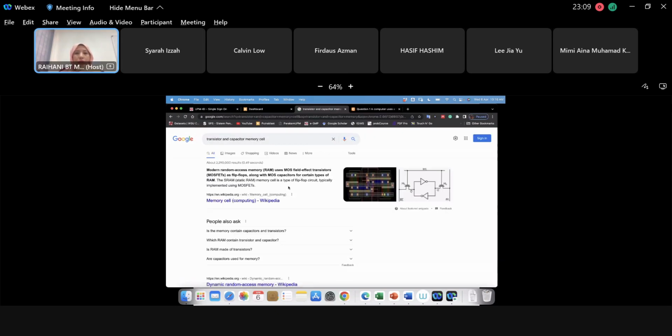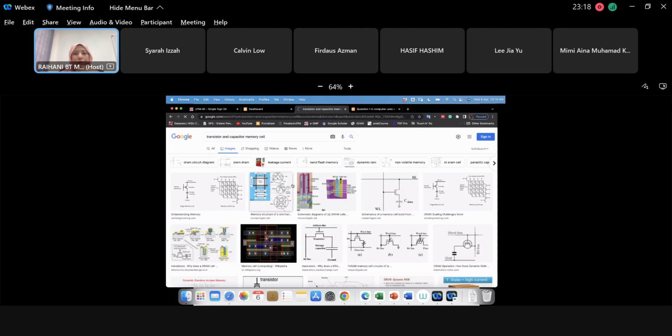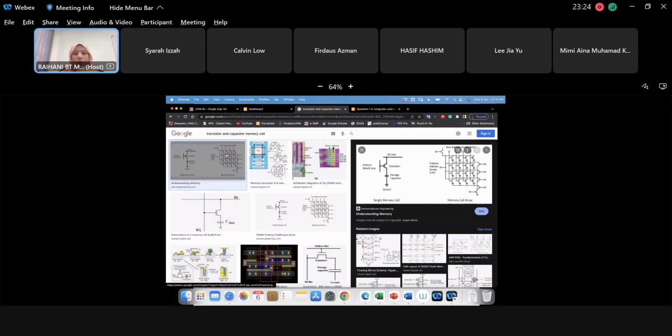Basically, the component contains transistors and capacitors. Okay, so actually this is the memory cell.